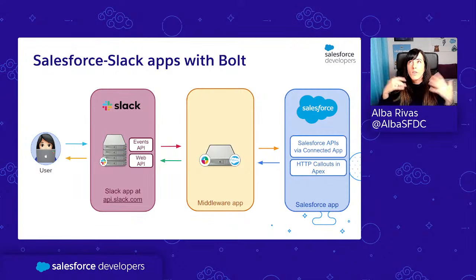How do you implement all that in a secure and performant way, right? Because the data flow goes from Slack to the middleware app to Salesforce and then back. In consequence, there were a lot of steps that you had to perform to implement a Salesforce Slack app correctly.